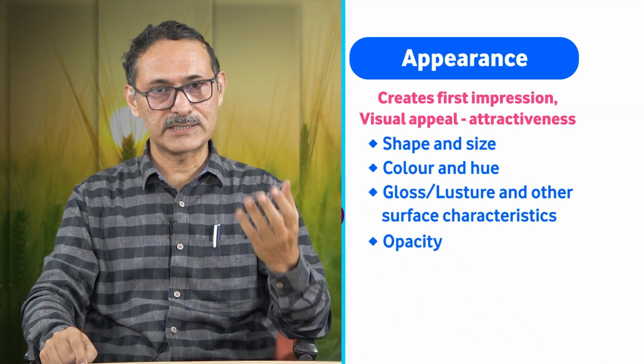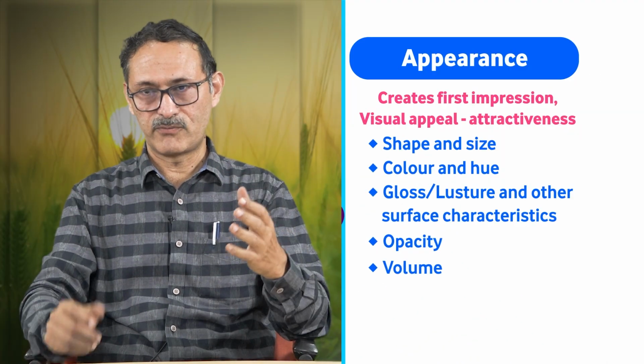So that is the first interaction of the human with the food material. It creates the first impression, and even a buying decision sometimes depends on the appearance. It creates the visual appeal for the consumers, the attractiveness of the product, its opacity, its volume.